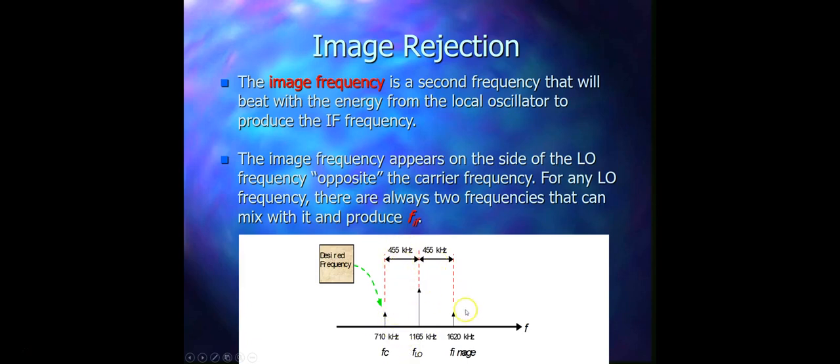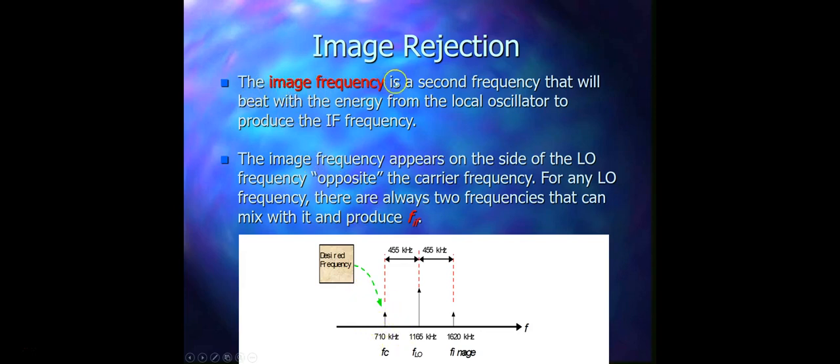Then an image frequency will be created. You see here 1620, which is also forming a 455 kilohertz difference with the local oscillator frequency. And this image frequency is sometimes selected by the mixer, and then based on that your signal is being sent, which is not desirable actually. Our desirable frequency is this one.